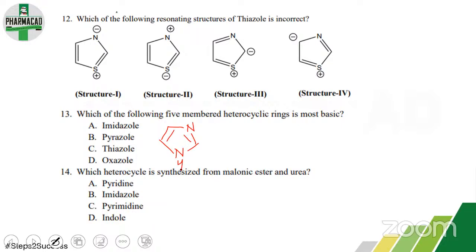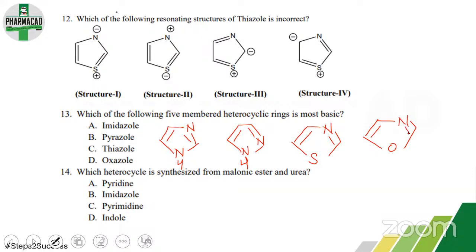In the case of pyrazole, we have nitrogens on first and second position. Okay. In the case of thiazole, we have nitrogen and sulfur on first and third position. Whereas in the case of oxazole, we have oxygen and nitrogen, which are on first and third position.